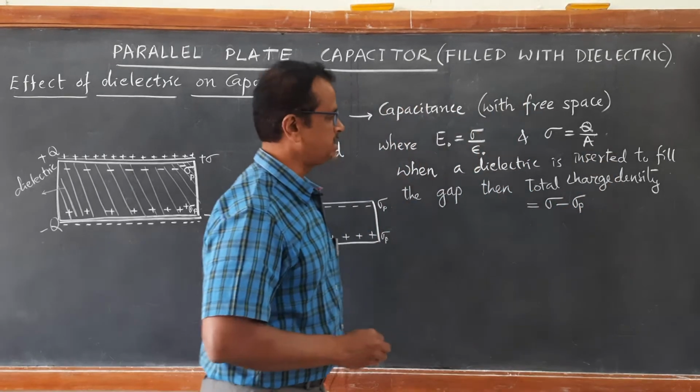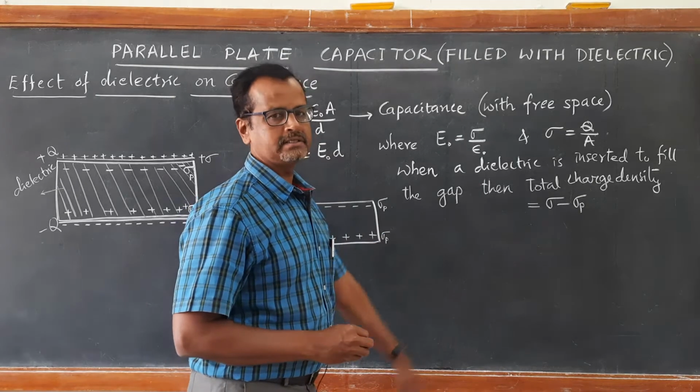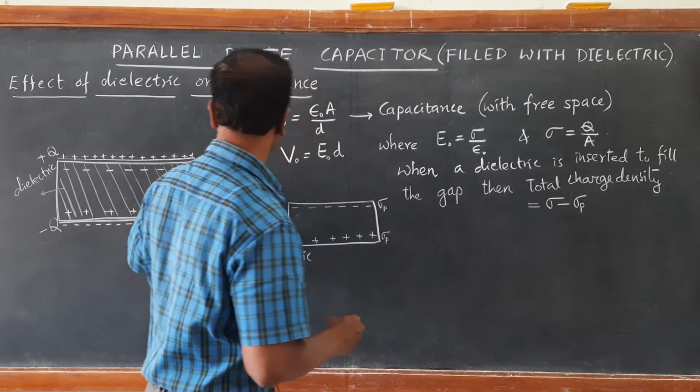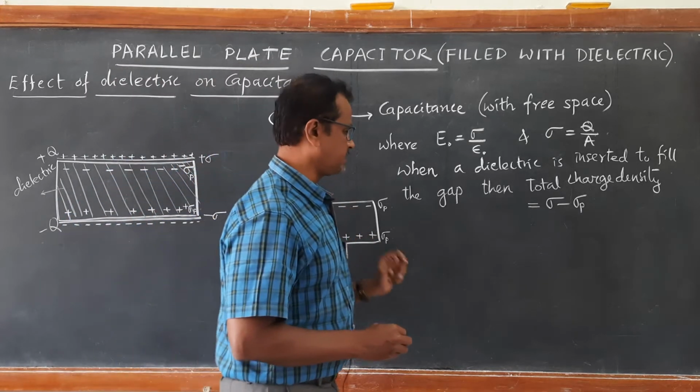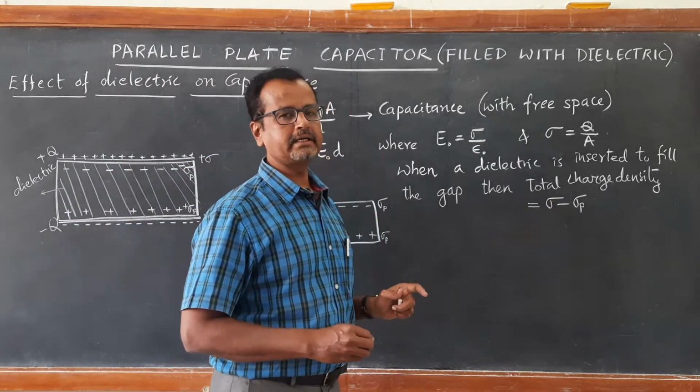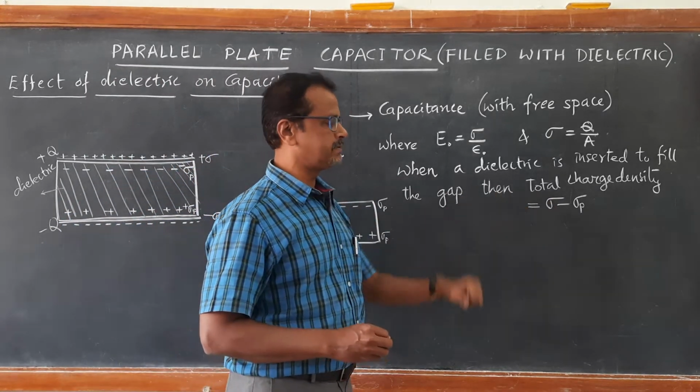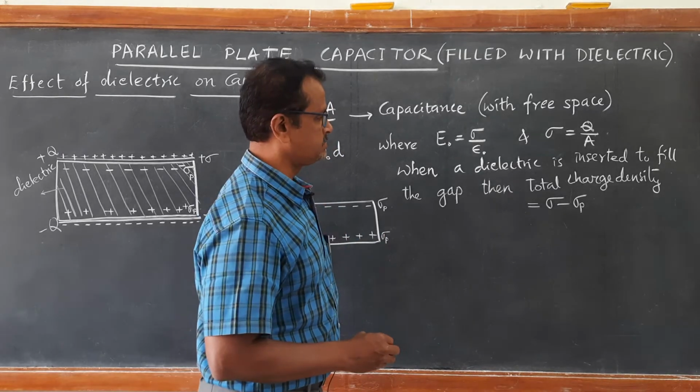Total charge density becomes sigma minus sigma p. Earlier it was only sigma before filling it with the dielectric. After filling it with the dielectric, the net charge density becomes sigma minus sigma p.